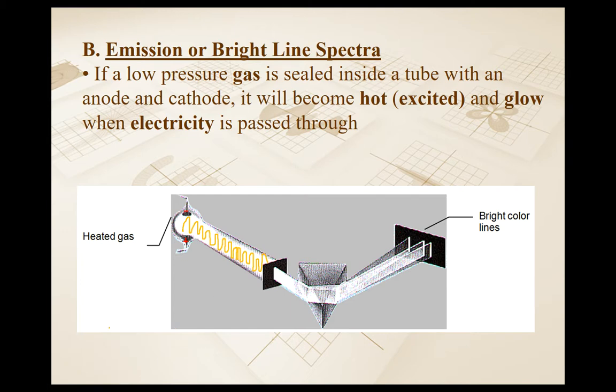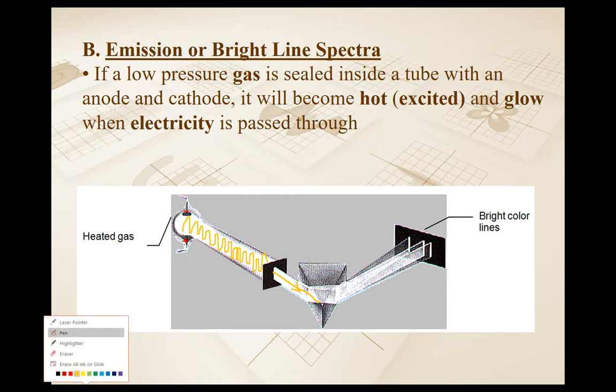So we're going to take this gas and it's going to approach this prism. It's a little bit different here. I've taken a low pressure gas and I'm putting electricity through it. Now, what we notice is that if you send it through a glass prism or diffraction grating, instead of having the continuous spectrum of colors from red to orange to yellow to green to blue to indigo to violet, all you're going to notice is a black background.